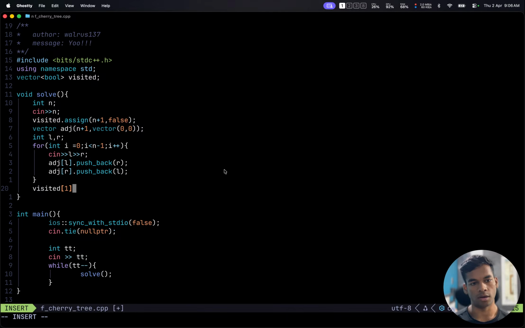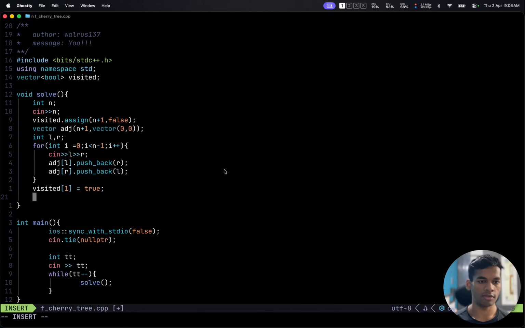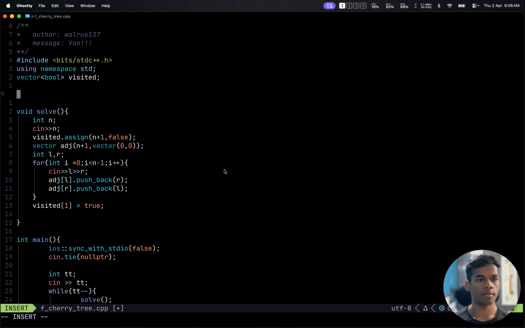Visited 1 equals true, then we will call DFS on this, which will return a pair of boolean values.